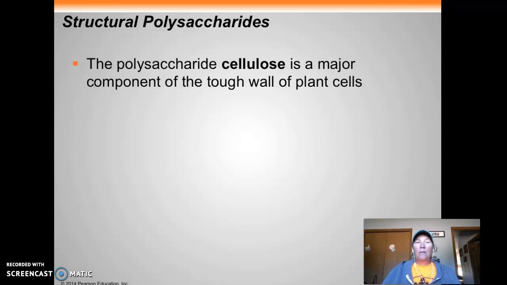Okay. And there's one other polysaccharide that plants use. It's called cellulose, and they use it in their cell walls. Plants don't have bones, so they have to have something to give them structure. On the outside of the cell, they have an extra layer of, we'll call it, toughness.